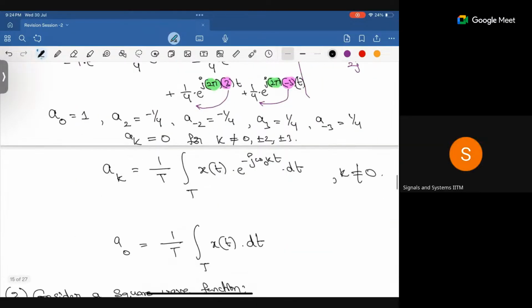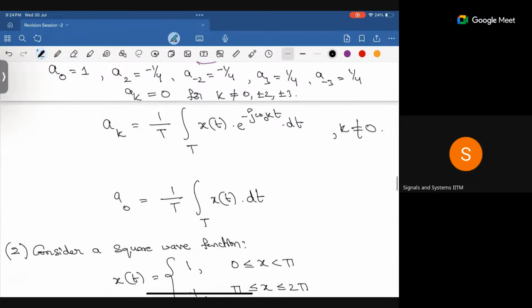Okay, great. So now, sometimes it's very hard to expand and look at the Fourier series coefficients. So we have a direct formula which we can use to compute the Fourier coefficients.